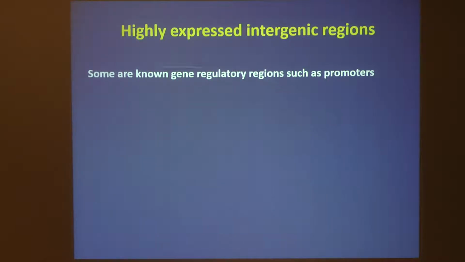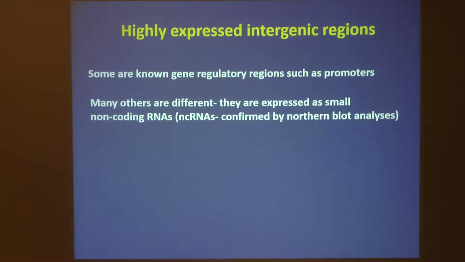Some of those are known regulatory regions, such as promoters, that don't show up in proteins. That's not unexpected. But a lot of them are not. They are expressed, however, as small non-coding RNAs, which we confirmed by northern blot analyses. So they make little RNAs that fold up.